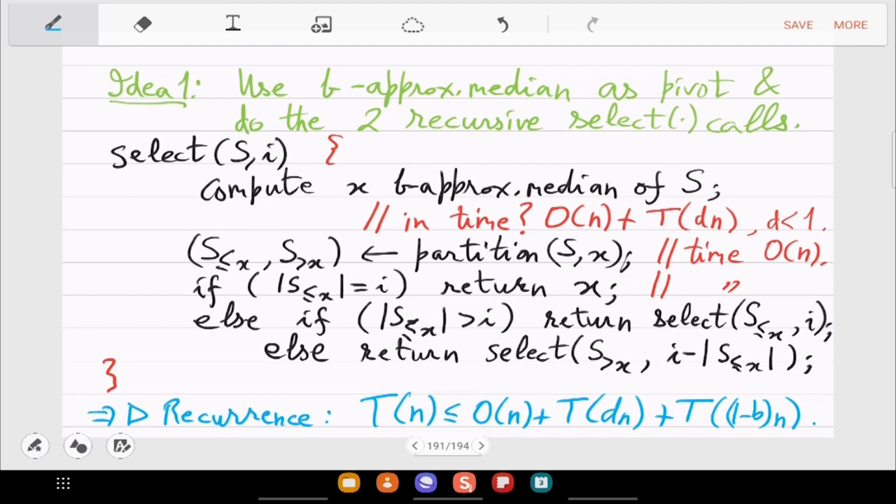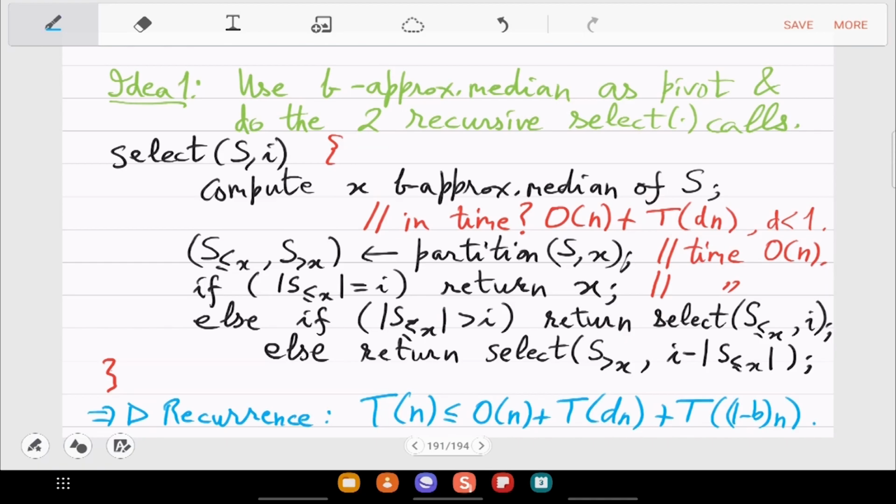You do the partitioning according to this x, so you get the S less than or equal to x part and the S greater than x part, and then you have these three cases. If the size of the first part is i, then you have found your answer: the pivot is the answer. If the first part is big, then you forget the second part and go to the first part. And third, if the first part is small, then forget the first part, go to the second part. So all three cases are covered, and the recurrence is this. Is this clear?